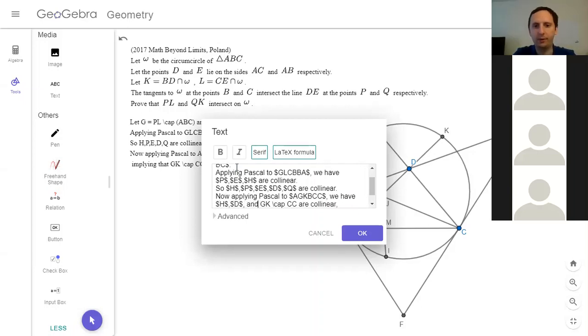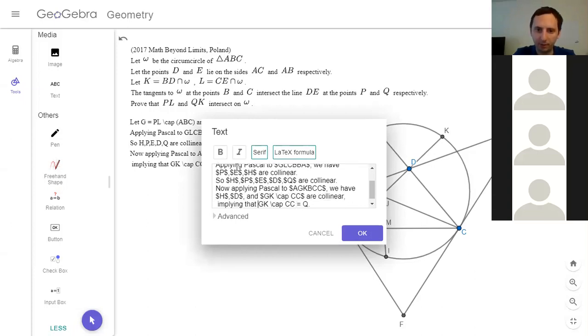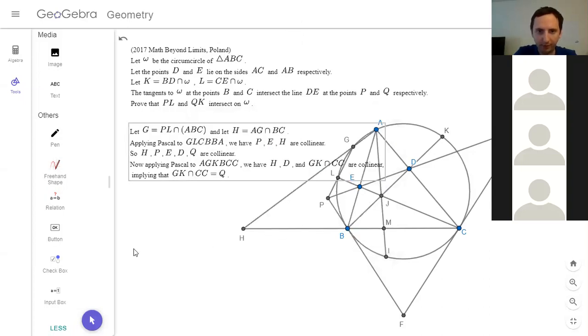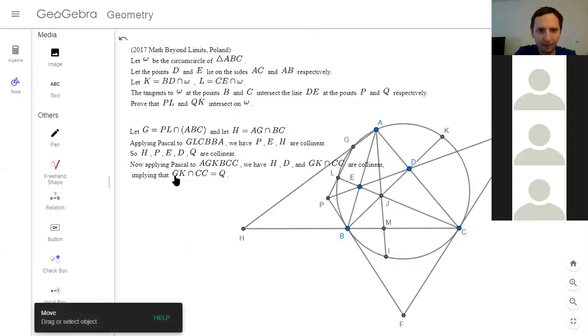Yeah, so it's kind of like he's using Pascal in reverse. Let's see how this looks. Hey, not bad.